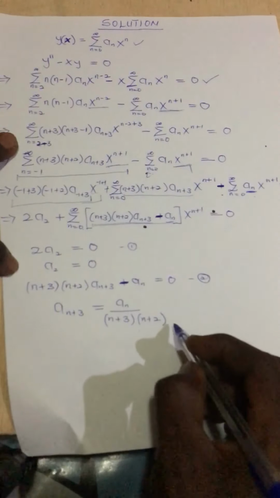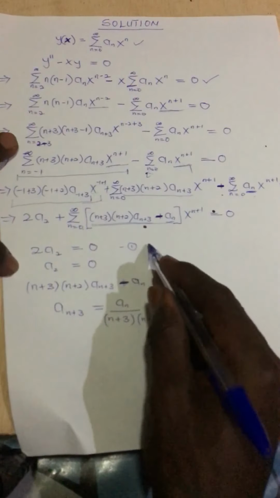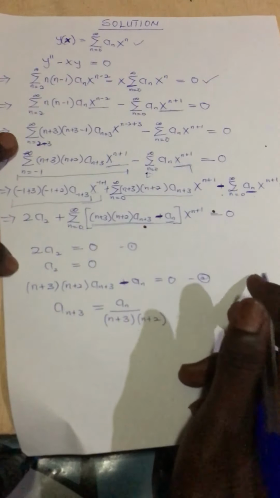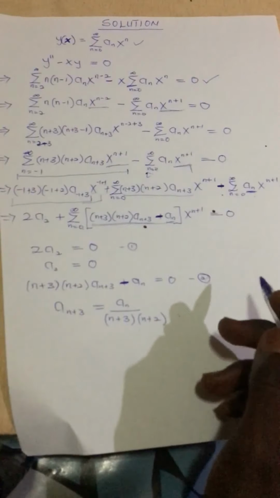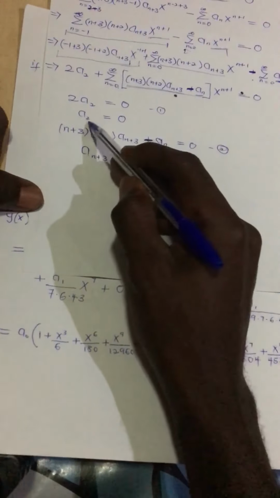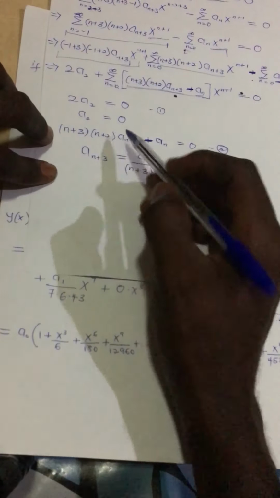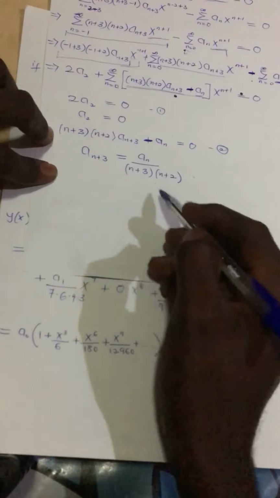Are we okay? So we are getting these 2 equations. Are you okay? So what we are going to do next is, we now know our a2 to be 0, and then our an plus 3 to be this.